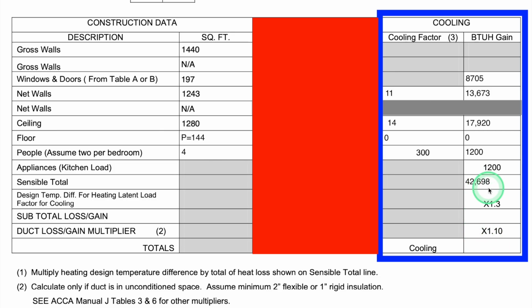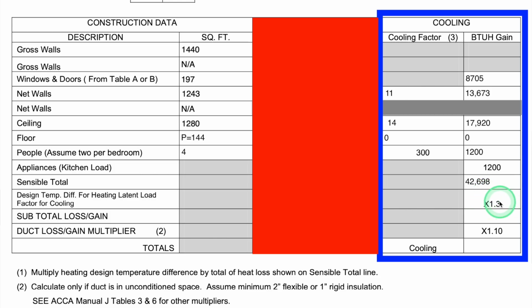Now we're going to take 42,698 and we're going to multiply it by 1.3. Now 1.3 is our latent load factor for cooling. So this is adding the moisture content that needs to be removed or that is added through heat gain from our structure. So this section has added up all the sensible heat, but there's also a latent heat component.